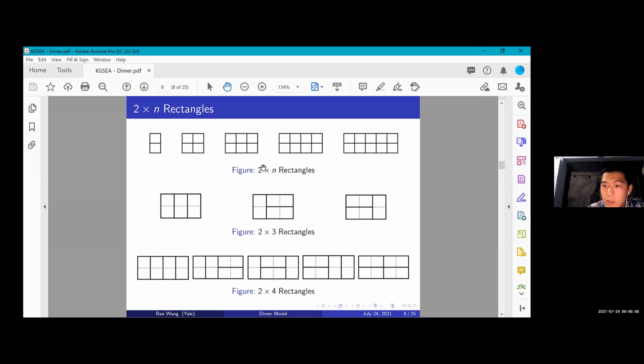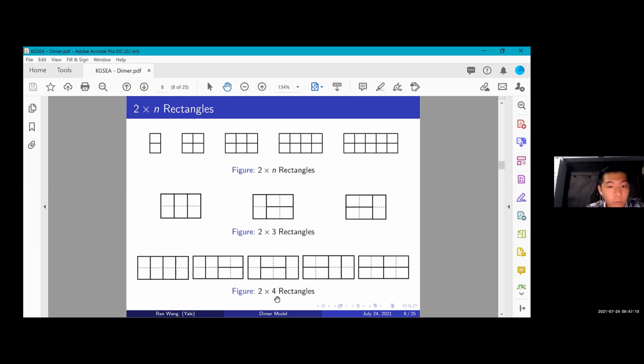So these are the 2 cases on the left. The other one is that we place a horizontal one, and we have to place another horizontal one here. So we have a 2 times 1 rectangle left, and we know we have only one way to tile it. So this is the case here.